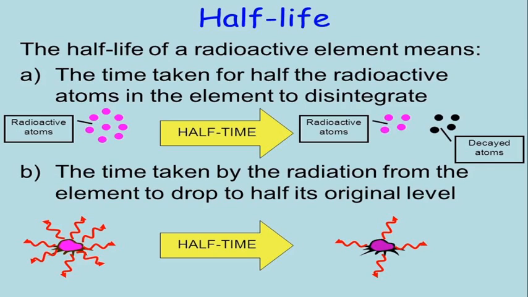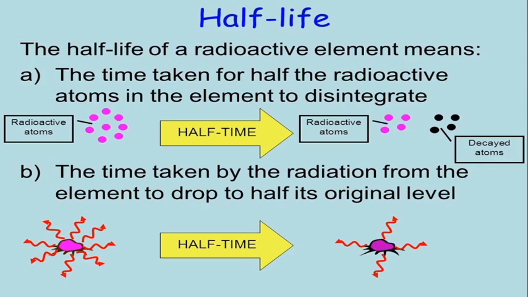Now after the half time, what happens? Half of the atoms, that means 4 atoms, get decayed and only 4 remain. That means it is the time taken by the radiation from the element to drop to half its original level. In terms of radiation, we can also define.